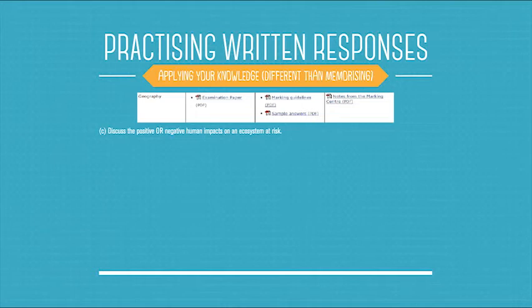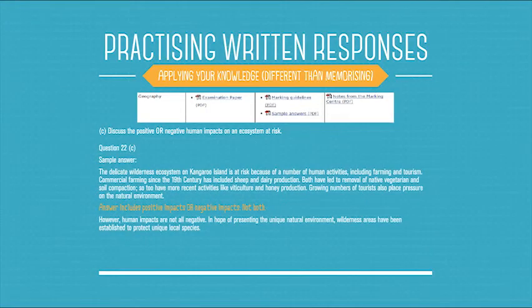So an example might be question 22C from last year's HSC. Discuss the positive or negative human impacts on an ecosystem at risk. So the idea here would be go and read your summary for that dot point and go and match it to where that question sits in the syllabus and the part of the syllabus that it's testing. You could then go and write your response to that question, concentrating on the discuss verb and ensuring you address that.